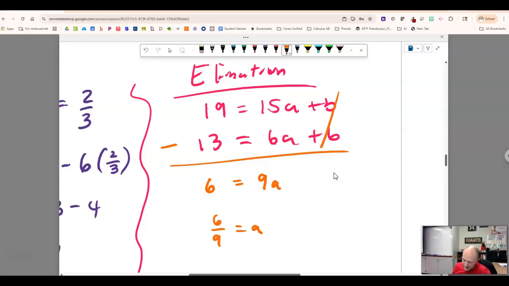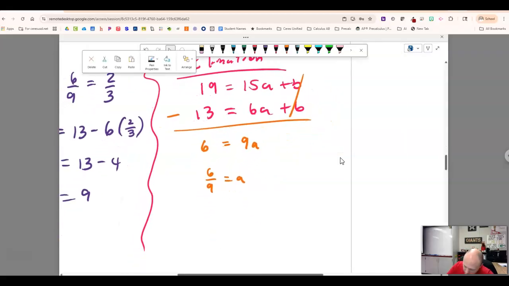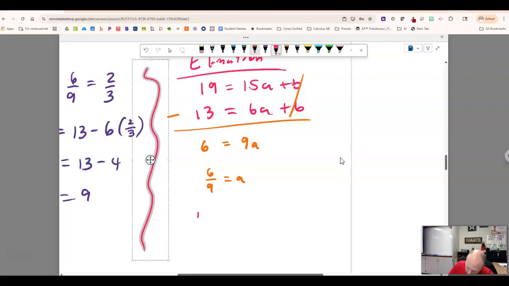Once you do that, I can pick an equation and just plug it back in. I can choose either equation. I'll go ahead and choose 13 is equal to 6 times a, which is now 6/9, plus b.